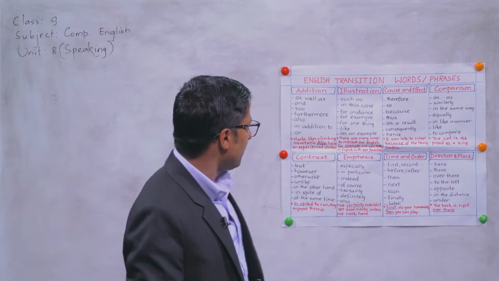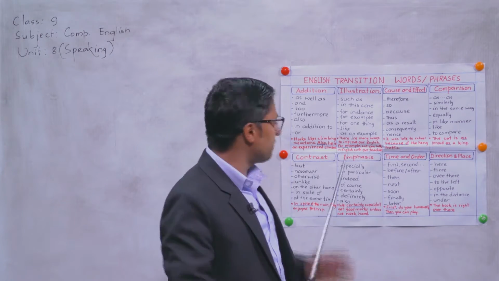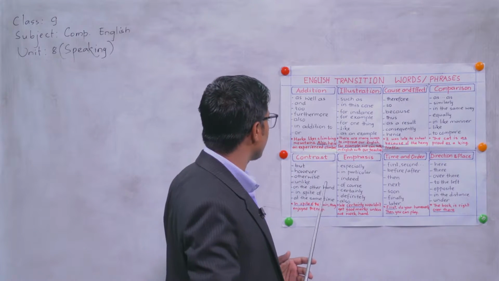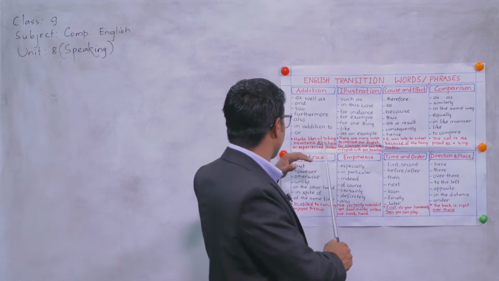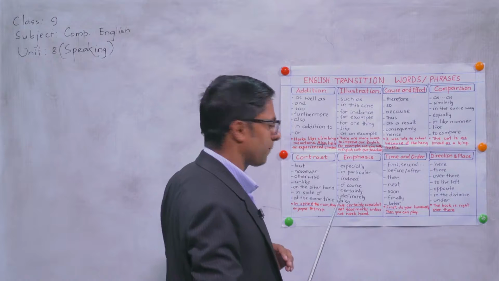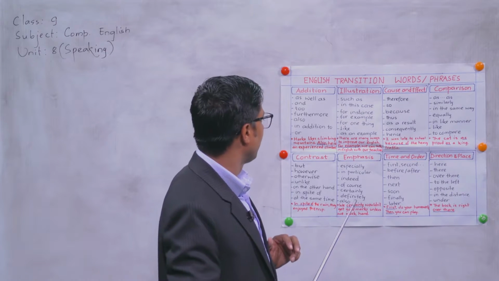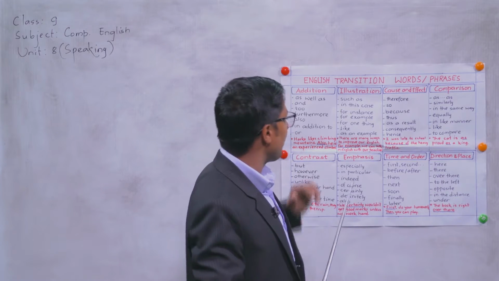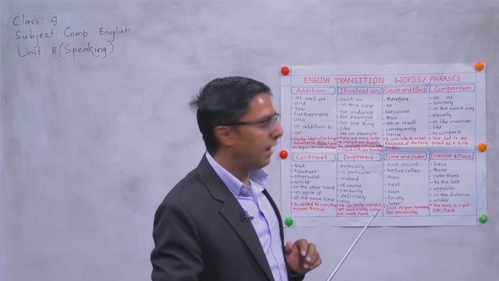So, dear students, now after going through these examples of transition words, and after reading the sentences in which they are used, you might have got the idea for what purposes these transition words or phrases are used.